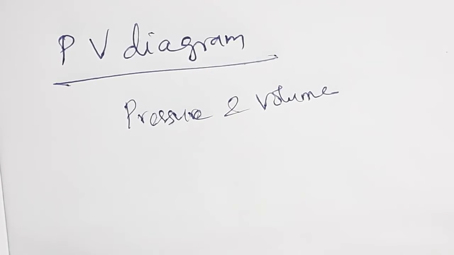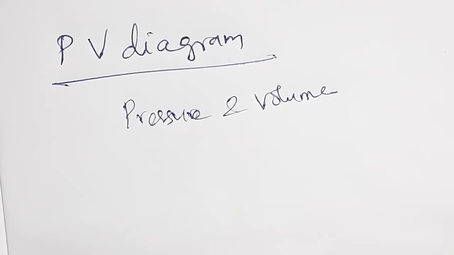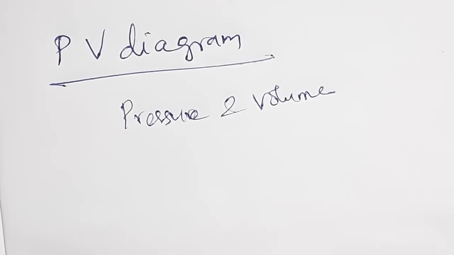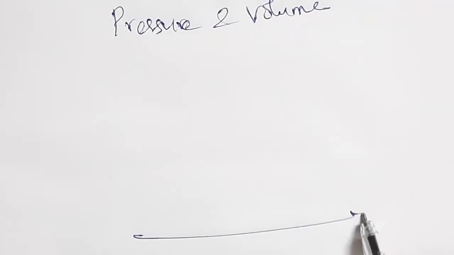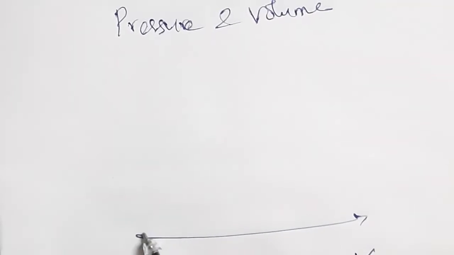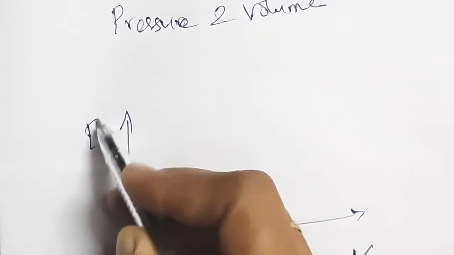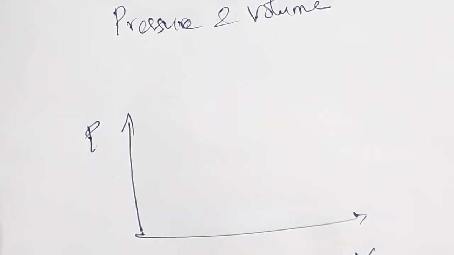So this diagram we can use to calculate the work done. Using this PV diagram we can calculate the work done by the expansion or by the compression. Okay. So in the PV diagram, the volume will be taken along the x-axis and pressure will be taken along the y-axis.